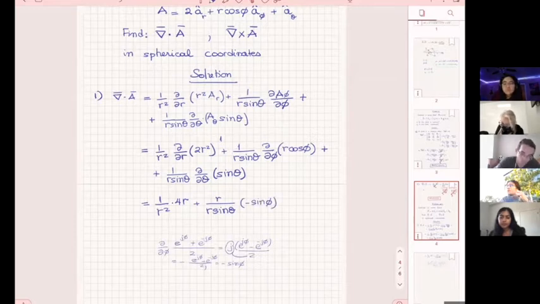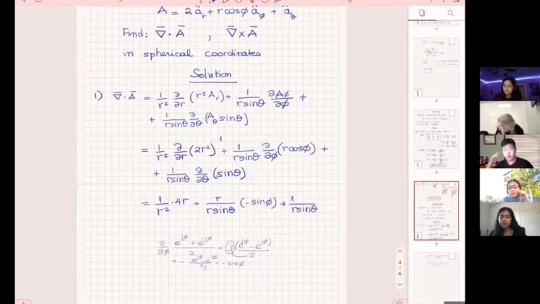And how about this? How much is the derivative of sine theta, for the same reason? Is that cosine? Yes, cosine theta.